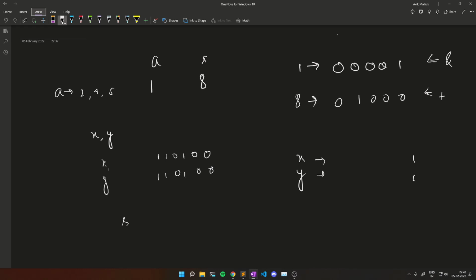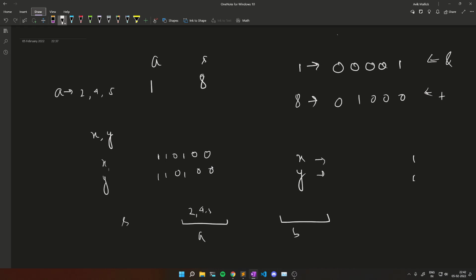Let's think about two sets, A and B. So A will store those bits for which x and y both have the set bit, like here 0, 1, 2, 4 and 5.